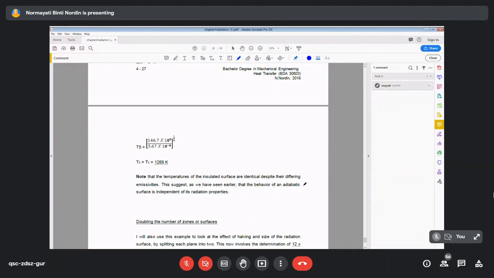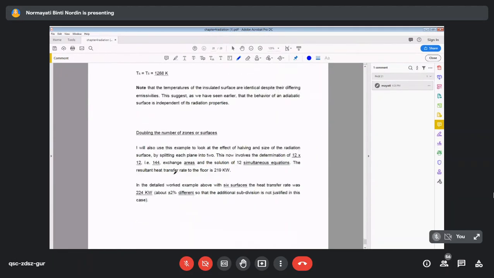So walaupun kedua-dua emissivity bagi kedua-dua surface ni berbeza, tetapi ia tidak mempengaruhi nilai suhu. Nilai suhunya tetap sama. Okay. So maksudnya disebabkan oleh kesan adiabatic tu tadi. Okay. So these are all important macam additional knowledge lah berkaitan dengan penyelesaian permasalahan ini.